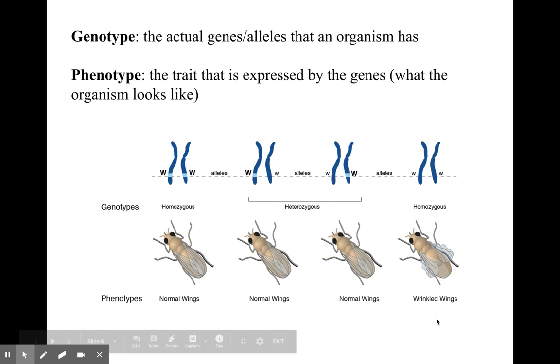The only fly that's going to have the wings that don't work really well, that's really hard to say, is homozygous recessive, right? And you can imagine this fly probably doesn't live very well with those wrinkled wings. So that's your phenotype. Your phenotype is what you look like. Your genotype is the letters. And so you're going to have to keep that in mind as we move through this unit with those words. Okay, and so that leads us to Notes Review 1, which is your assignment for today.